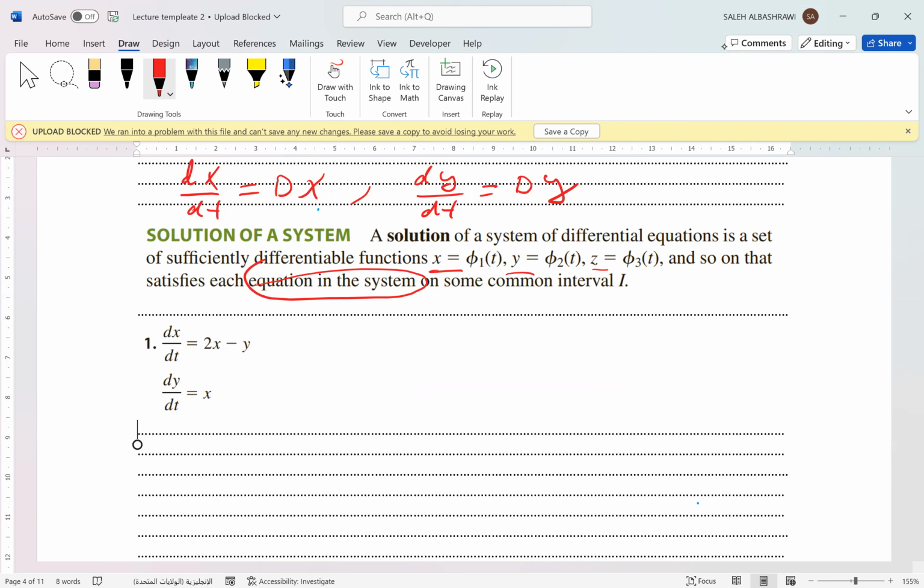Now, let's rearrange the equations. The first equation can be written as Dx equal to 2x minus y, and the second equation as Dy equal to x. If we move 2x and y to the left-hand side, we will have Dx minus 2x plus y equal to 0, and minus x plus Dy equal to 0.